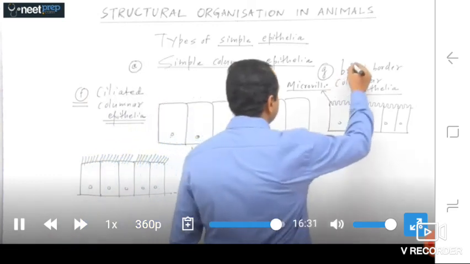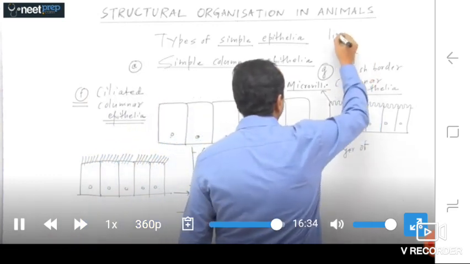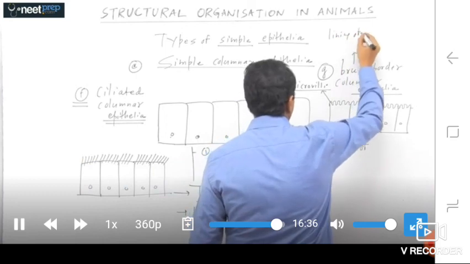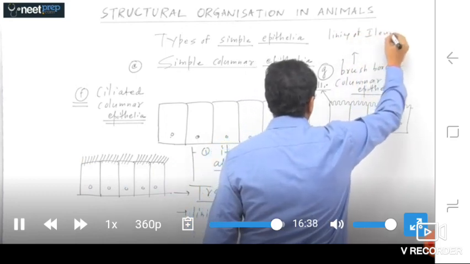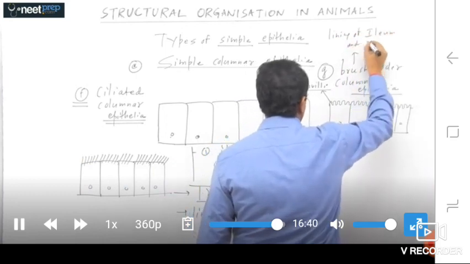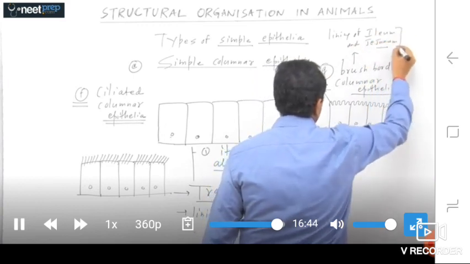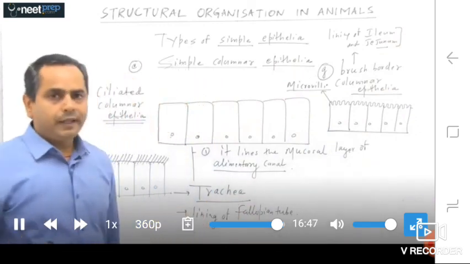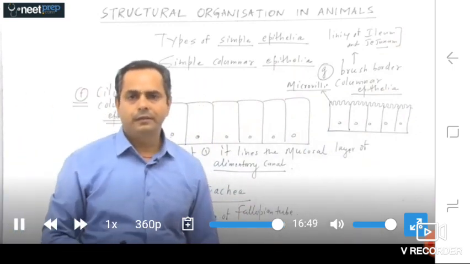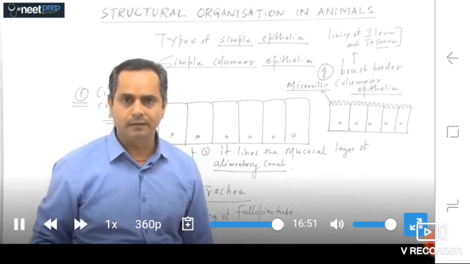So this kind of epithelia is present in the inner lining of the ileum and jejunum of the small intestine, where we talk about the maximum part of absorption.